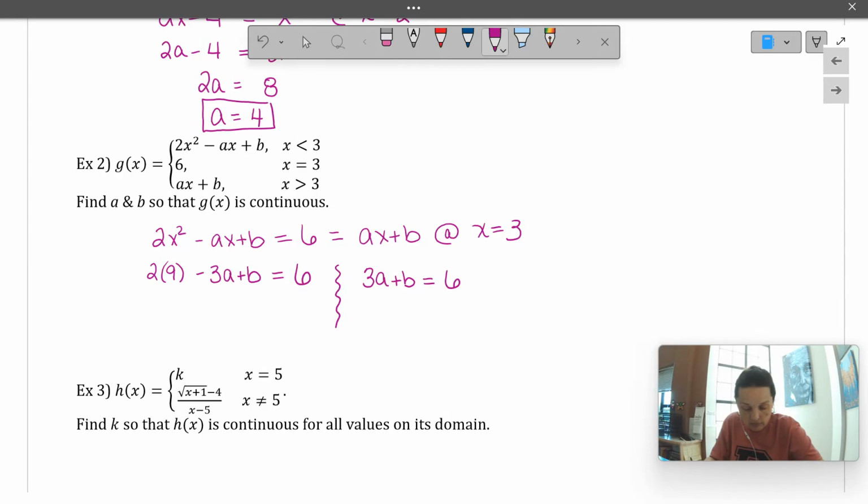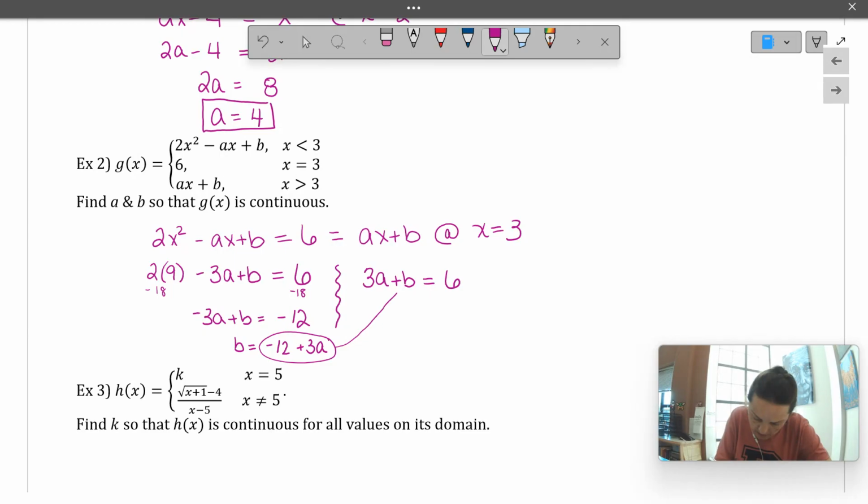Okay. Well, that's 2 equations, but I also have 2 unknowns. So this is a system of equations. And now I just need to find a and b. So let's see, I'm going to take this first one. I'm going to subtract 18 from both sides. So negative 3a plus b is negative 12. And let's go for substitution. So that would mean b is negative 12 plus 3a, right?